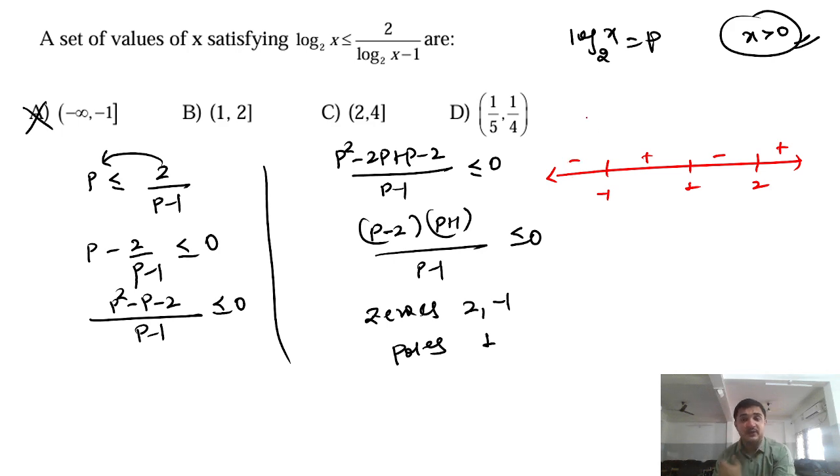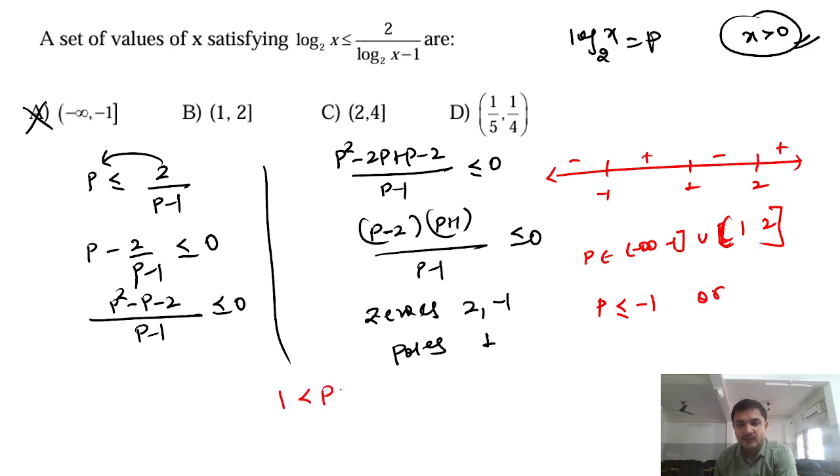We require less than or equal to 0, which means p belongs to minus infinity to minus 1, with minus 1 closed, union 1 open and 2 closed, because 1 is a pole. Equality symbol is there, so the pole we need not include in the answer, but zeros we need to include. That means p is less than or equal to minus 1, or p is greater than 1 but less than or equal to 2, isn't it?